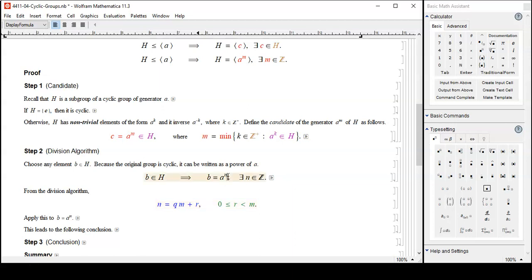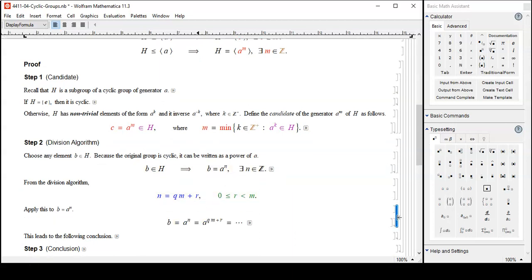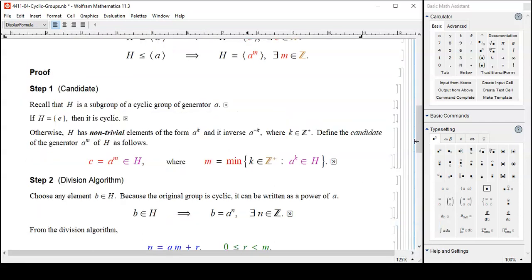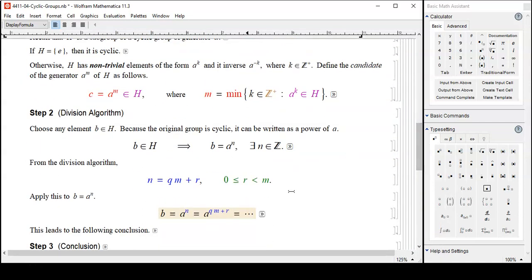So let's apply this to b equals a to the n power. And the nth power can be rewritten as a to the qm plus r power. Can you read it? Let me expand the font a little bit. Okay, that's going to be a bit easier.